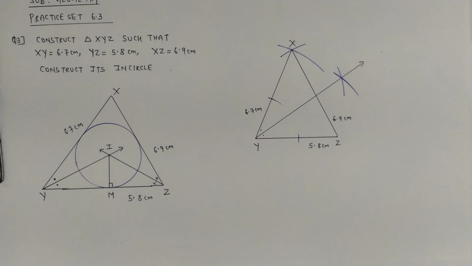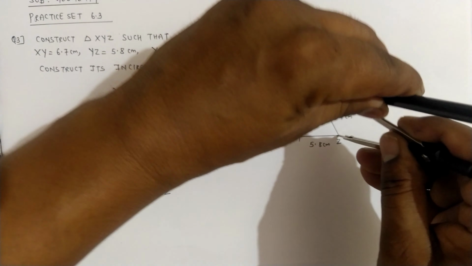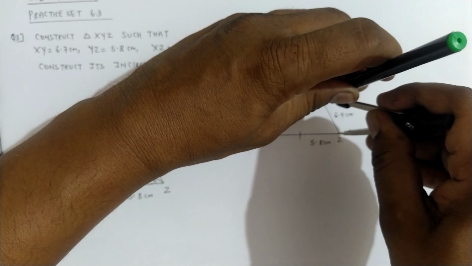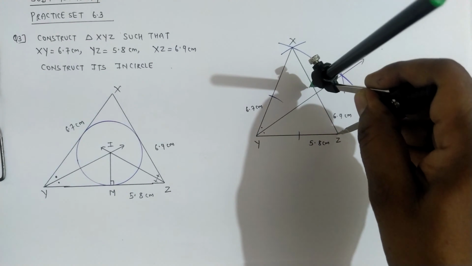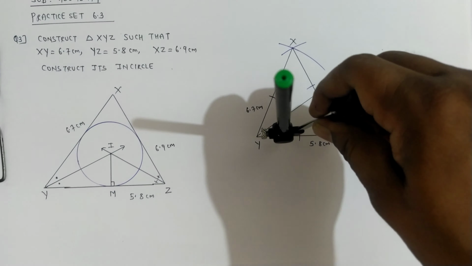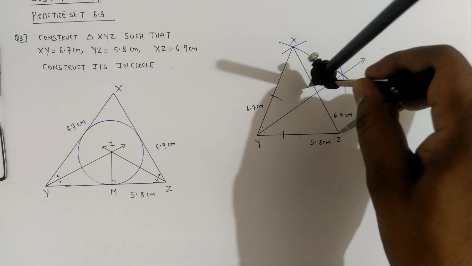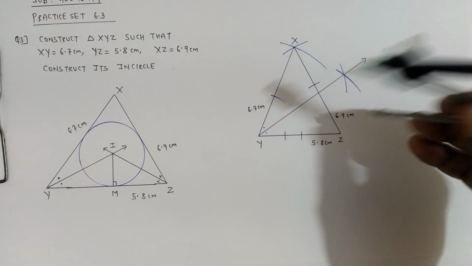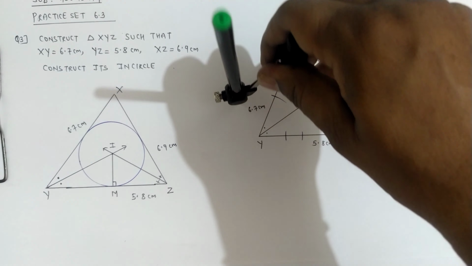Now we go for bisecting angle Z. Same steps, okay? Cut the arc here. Here also you can do. I repeat once again. From Z, mark arcs on either side, then keep the rounder on these, extend this also.